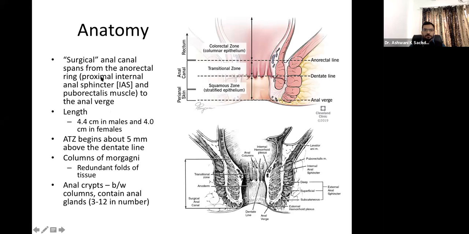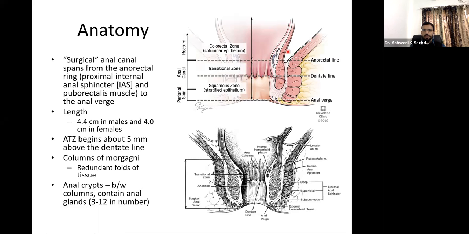As you know, the surgical anal canal runs from the anorectal ring, that is the proximal end of the internal sphincter, to the anal verge. As you can see here, I'll just use a laser pointer. This is the proximal limit of the anal canal.